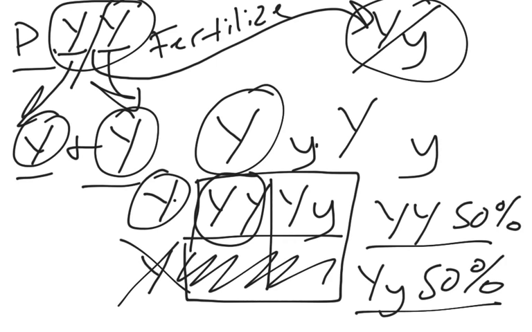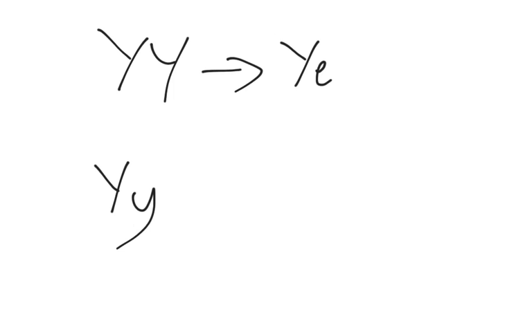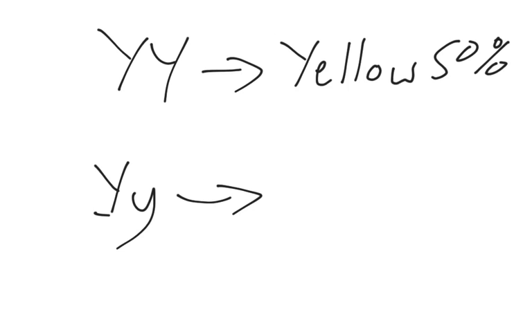Now, if we're looking at the phenotypic ratio, we had big Y, big Y, and big Y, little y. The phenotype of the first would be, we know big Y is dominant, and big Y refers to yellow seed color, so we would say yellow 50%. And down here, we know big Y is dominant and it's yellow, and here there's a little y, which is green but recessive.